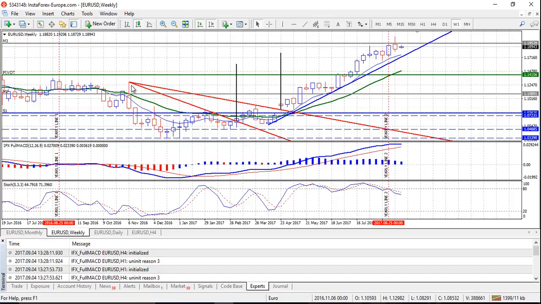This trend line is indicating that this pair had been in a downward course. You can see around this place here, this candle closed above this red support trend line here. It closed above it, and then this black line here is my price projection.